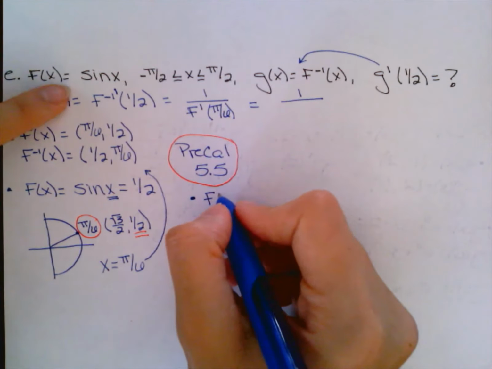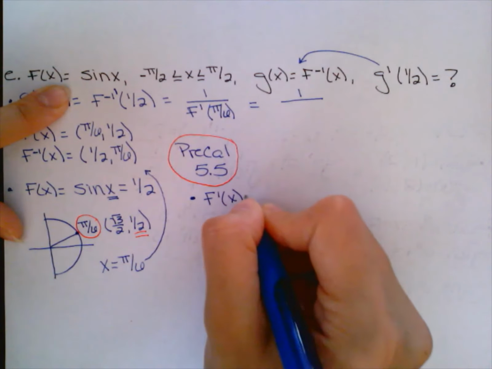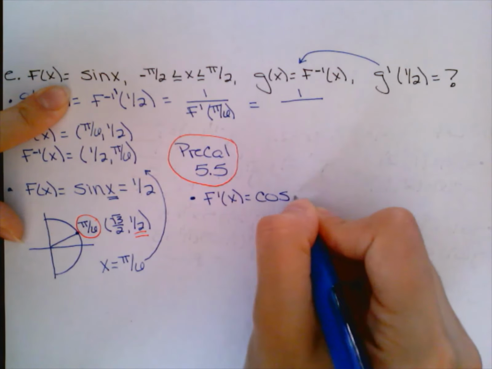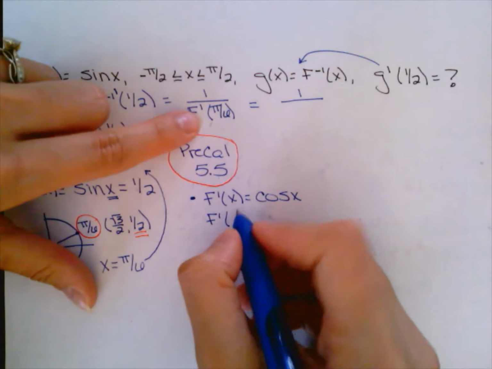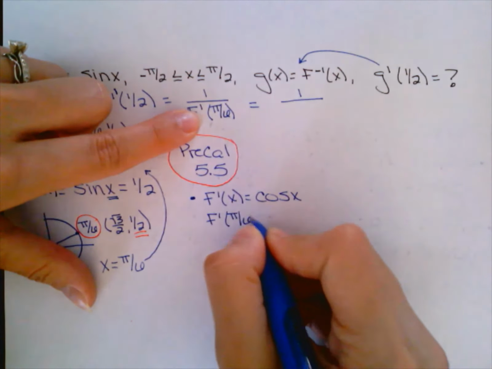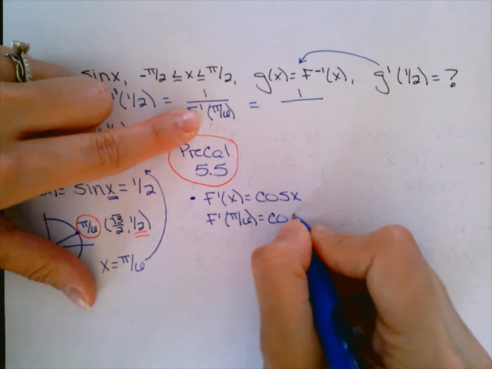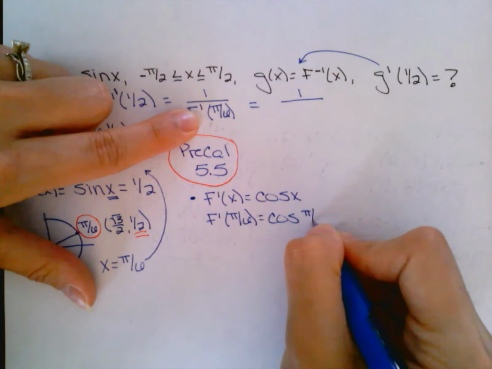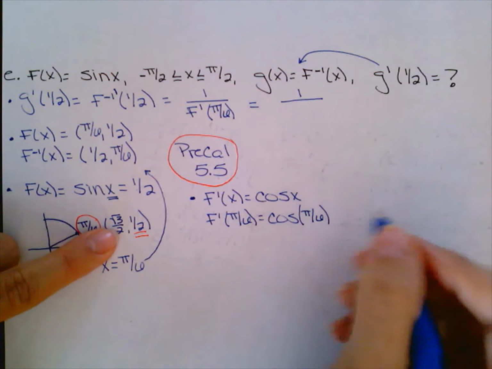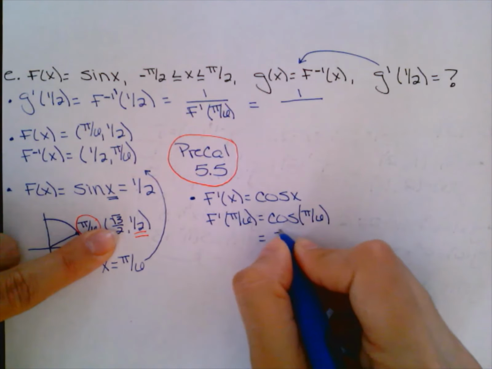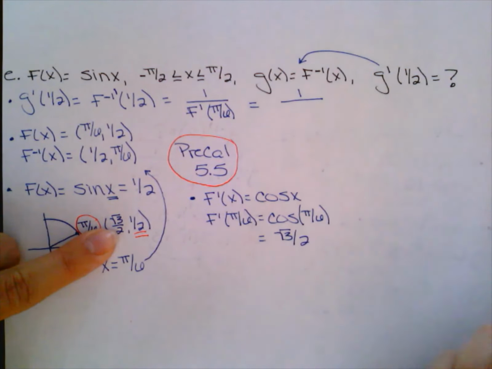If f of x is sine, f prime of x is cosine of x. So then I need f prime at pi over 6. So cosine of pi over 6, we actually just drew that right here. So pi over 6, the cosine is radical 3 over 2.